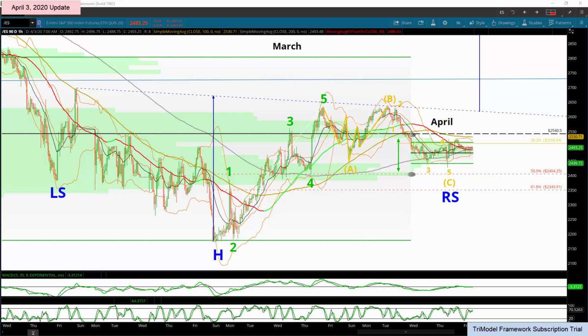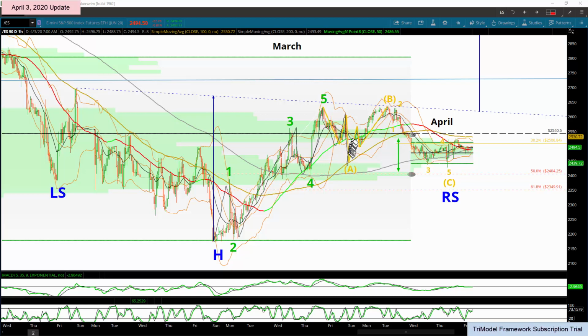Now, here are the clues, by the way. Assuming that this was A, B, C, D, and E, what we had on the heels of this 5-wave move is a pullback, which also appears to have unfolded as an ABC.